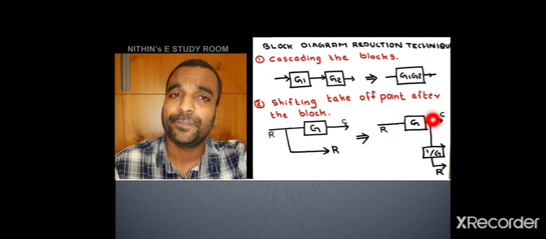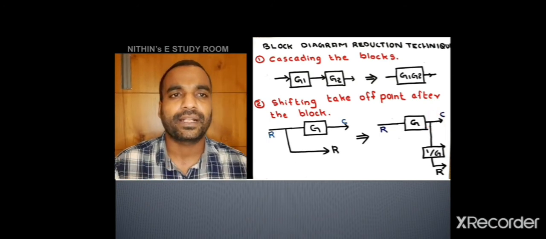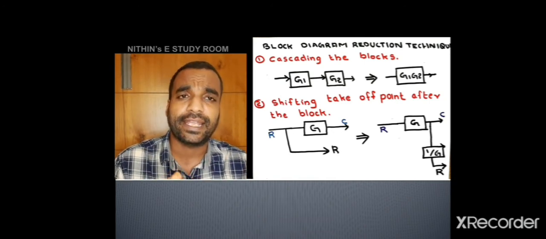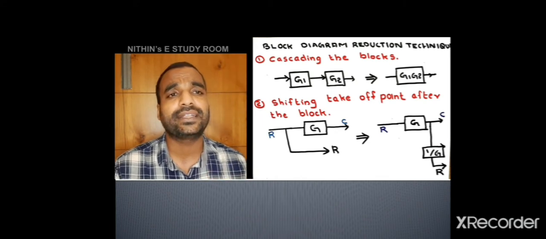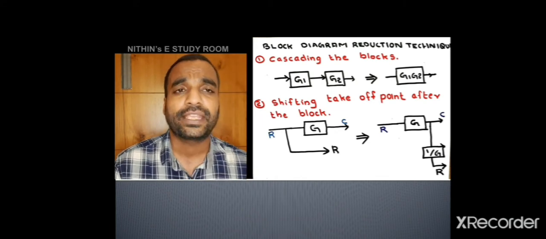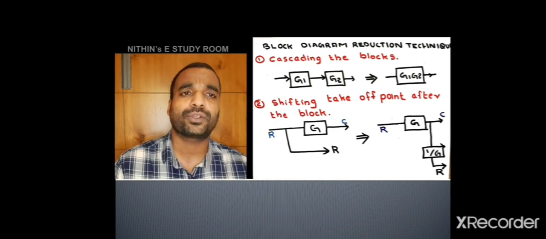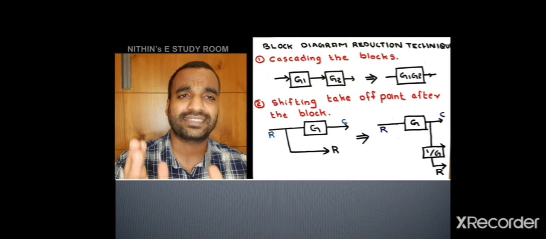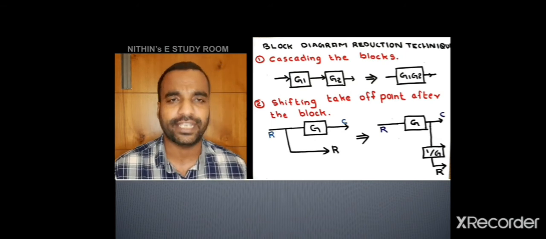You have to divide it by G. So, we have to do a simple thing. If you want to shift a takeoff point after a block, then you should divide the path by the gain of that block. Whatever block you want to assume as a reference for shifting, you have to divide by the value of that block gain.